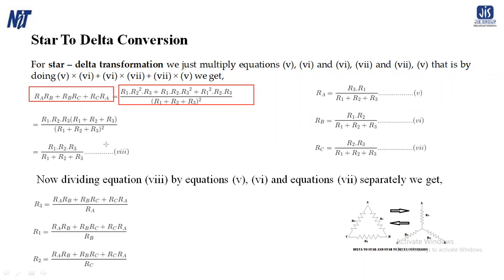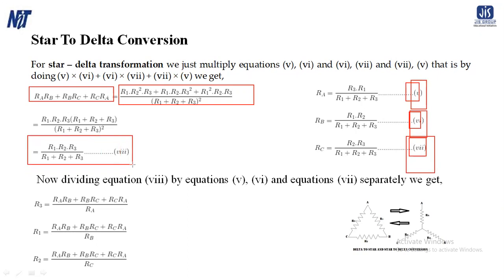So equation number 8 we get from here. First we multiply 5 and 6, then 6 and 7, then 7 and 5, and add these three multiplications. Then after modifying, we get this value.